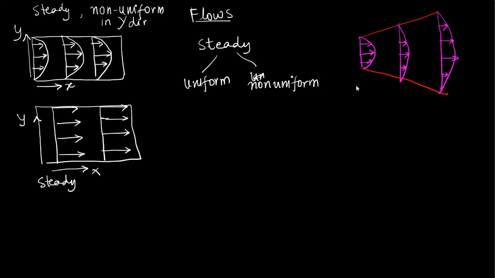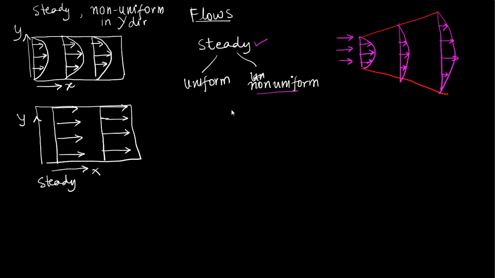This particular flow is not changing over time, meaning the inlet conditions are kept fixed, the outlet conditions are also kept fixed. So this flow profile does not change over time, and this flow is both steady and non-uniform.